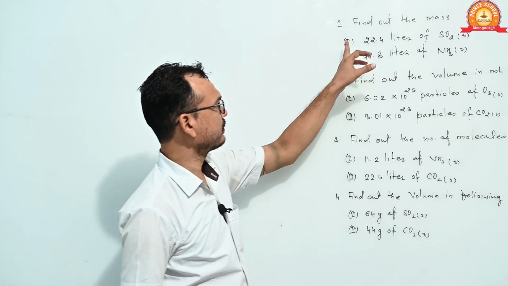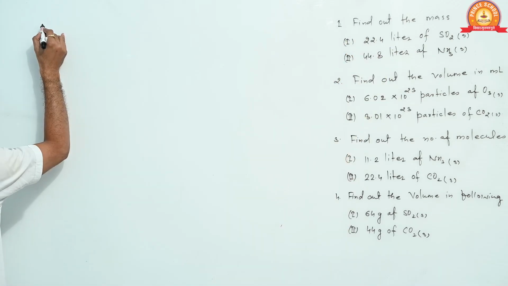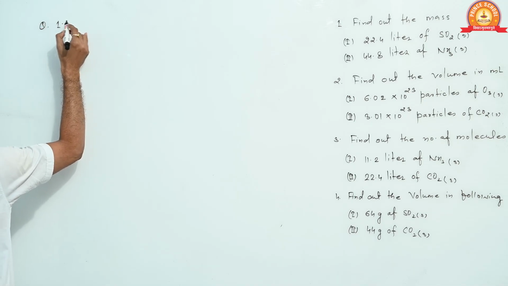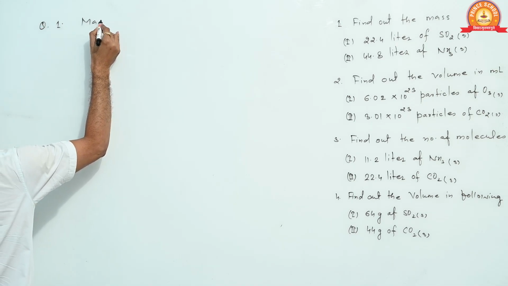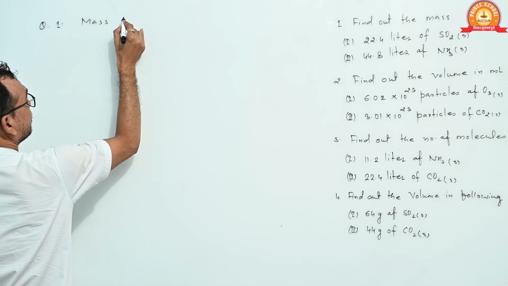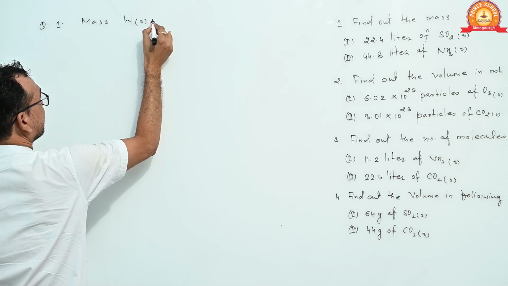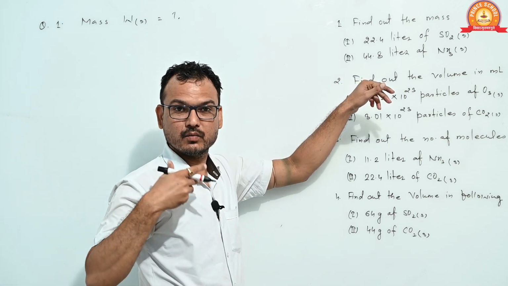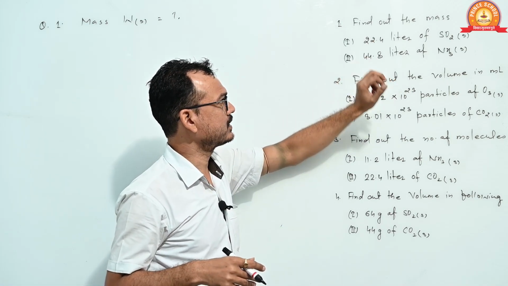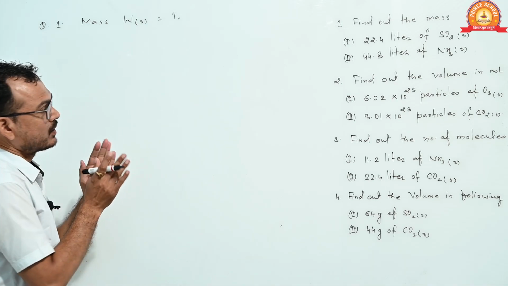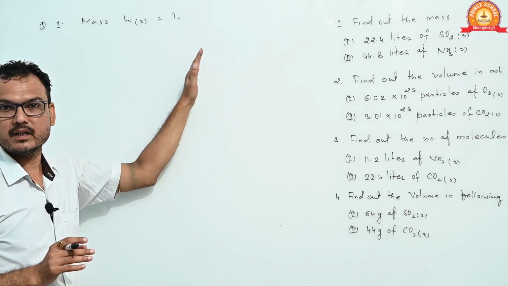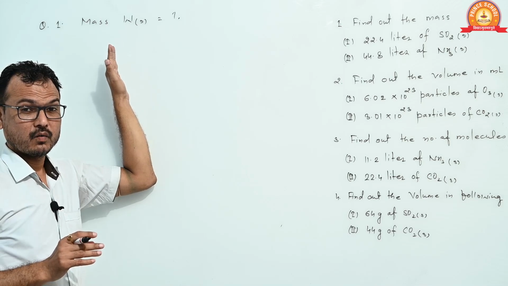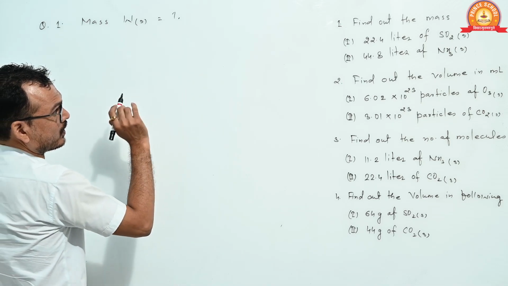In our first question, find out the mass. It means we want to calculate the W in gram. And what is the given data? It is the volume. Then we mix the first and third formula.